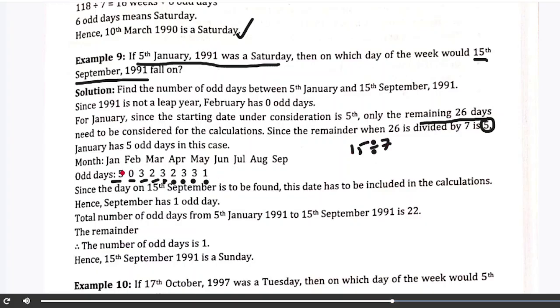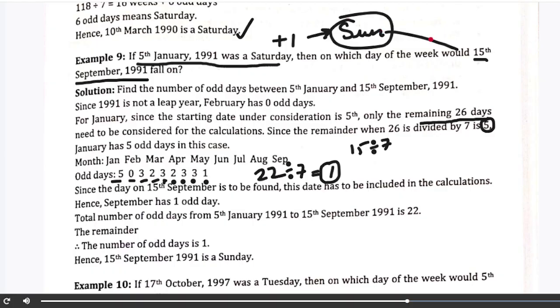Now add all of them. 5 plus 3 8 plus 2 10, 10 3 13, 2 15, 3 18, 3 21 plus 1 22. 22 divide 7, remainder comes out to be 1. Now this 1 we have to add it to Saturday. Now Saturday plus 1, that is Sunday. So that is the answer which they have asked.